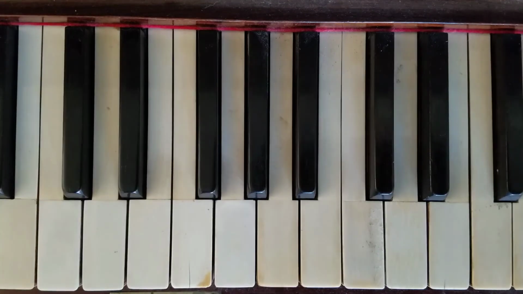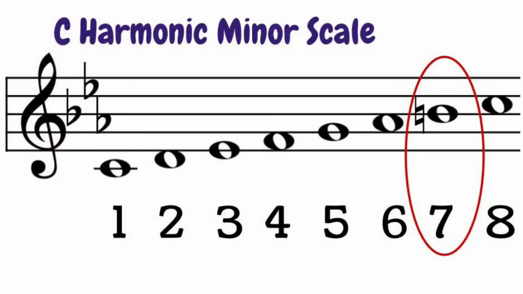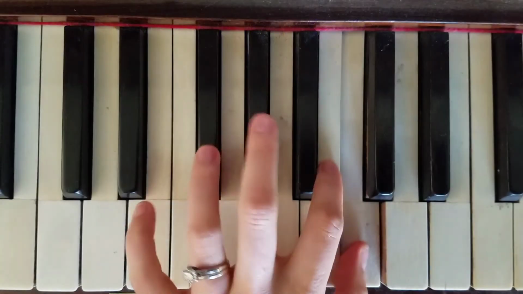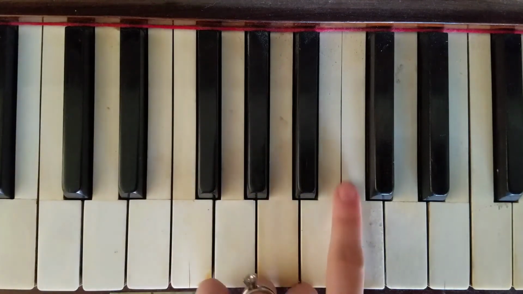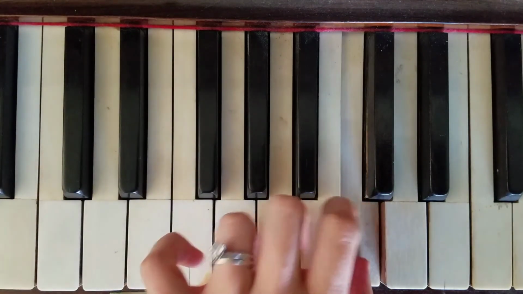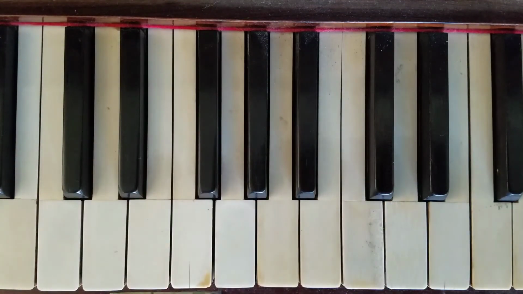Now, remember in the minor scales video how we had a harmonic minor scale and we had a raised leading tone, for example, the reason we have that raised leading tone is so that we can have a major dominant chord in a minor key.